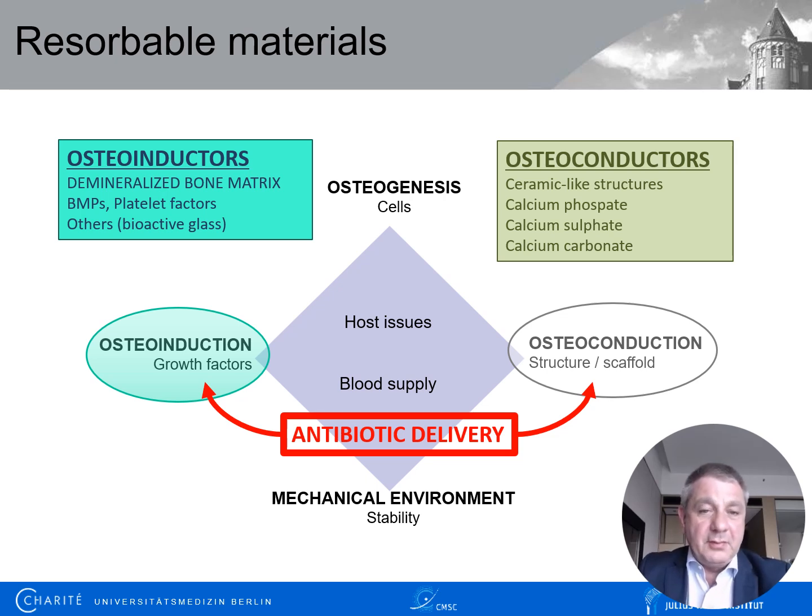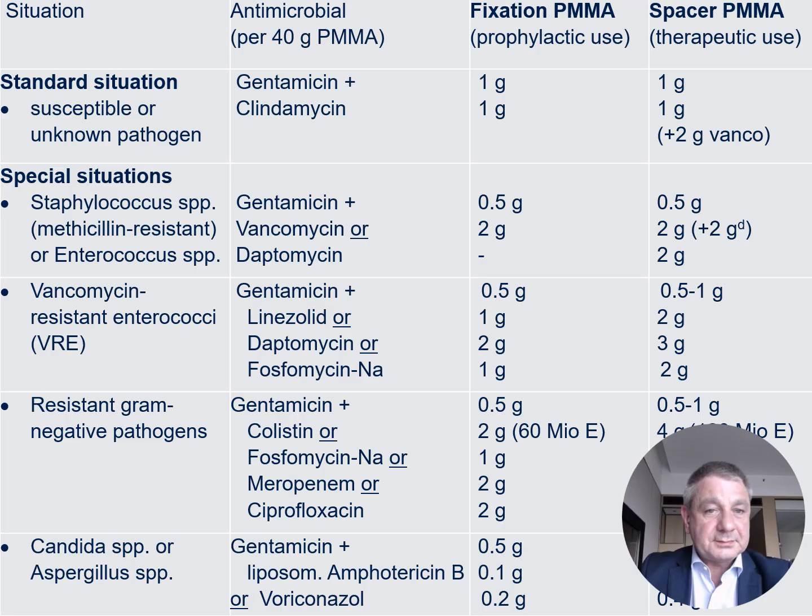More and more, however, we use antibiotics also in resorbable materials, so that all antibiotics are released within a couple of weeks, and we can achieve a complete resorption of the material, especially in case of multi-drug resistant pathogens. There is a list of antibiotics in the pocket guide which can be used to cover the most resistant bacteria.